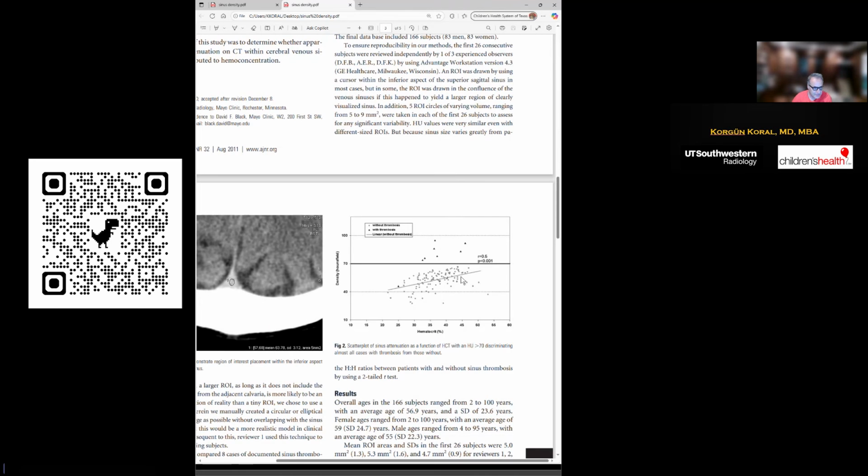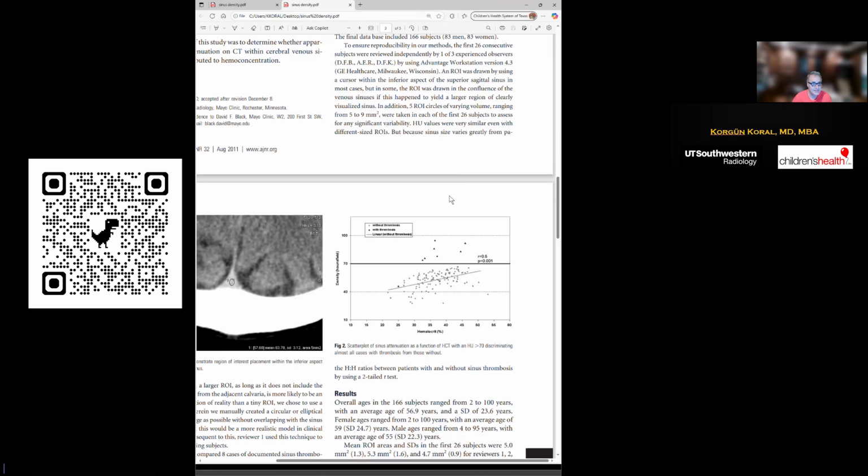But also, they identified a threshold of positive 70 Hounsfield units to discriminate dural sinus thrombosis from hemoconcentration.